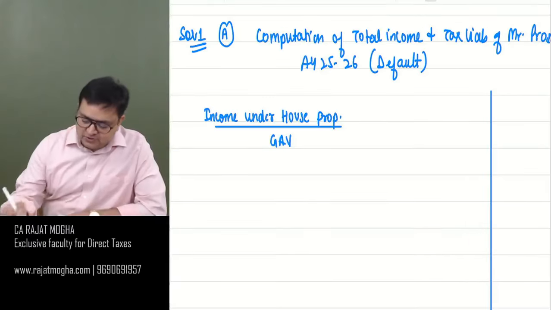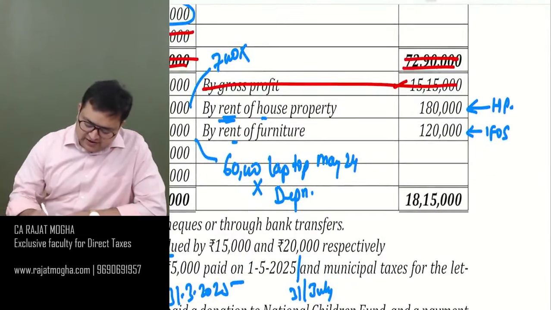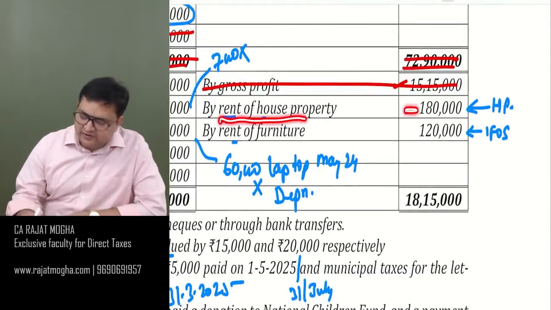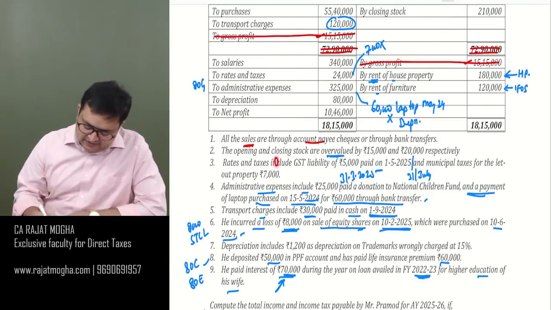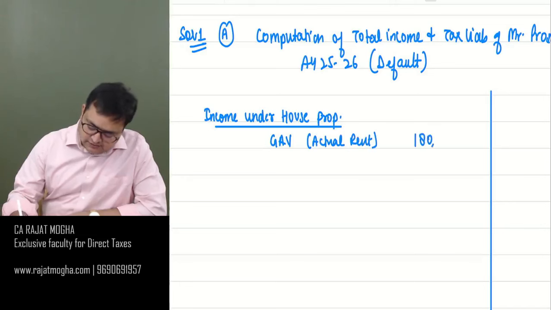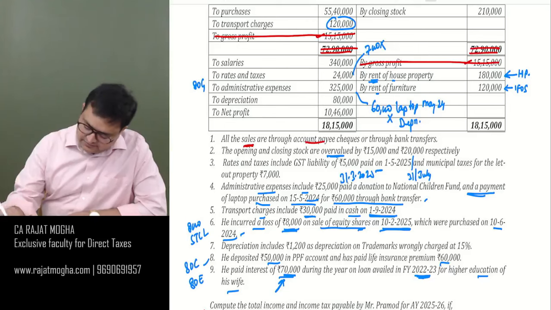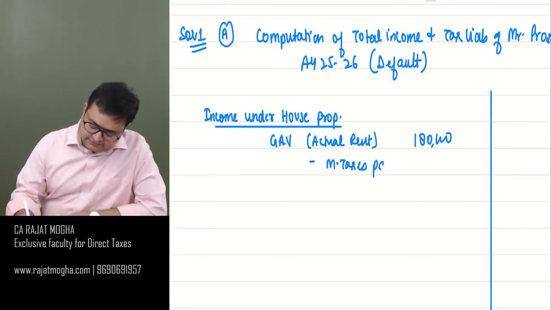So here the actual rent was 1,80,000. See, it was written the rent of the house property is 1,80,000. So this is the actual rent. And there were municipal taxes also, 7,000 rupees. So for GAV we will take actual rent, 1,80,000, minus municipal taxes paid, 7,000.